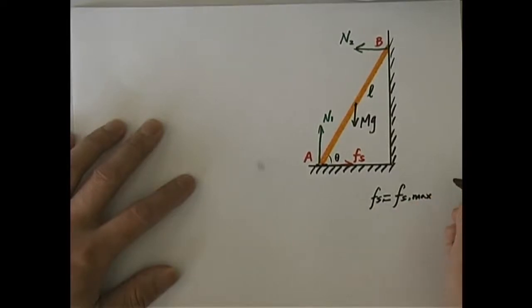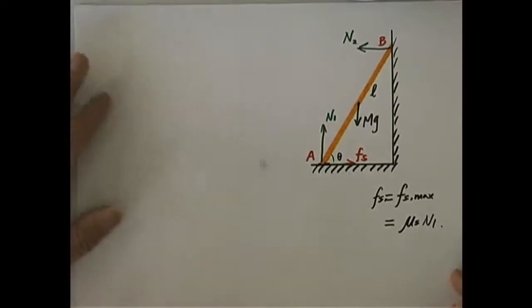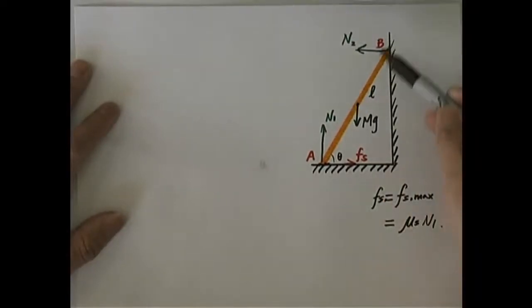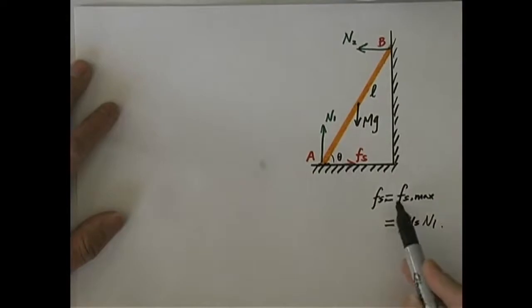That is the critical moment when it's just about to slide. And that will be equal to mu s times the normal force, which is N1. So we have four forces, N1, N2, mg, and Fs, which is equal to this. We're looking for this angle theta.